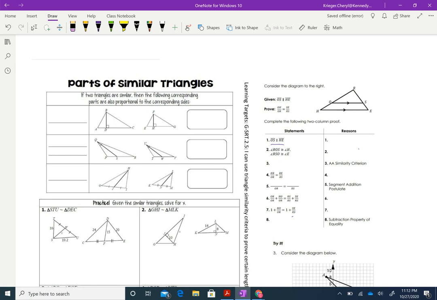So we have this similarity theorem here that says if two triangles are similar, then the following corresponding parts are also proportional to the corresponding sides. So we first need to determine what type of part these segments are.